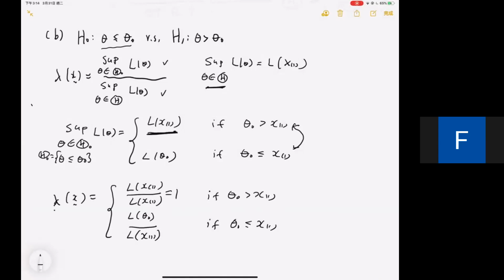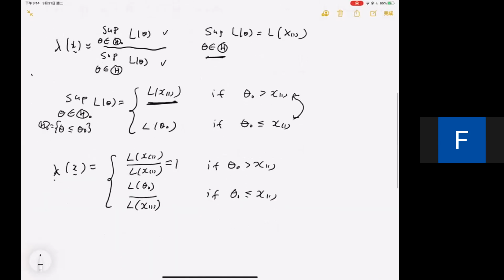I think I'm looking for the whole package, right? I'm asking about finding the cutoff C as well. So by LRT itself, the rejection region would be smaller than C right here. I told you this may be hard to find, but you can always work on an equivalent region.